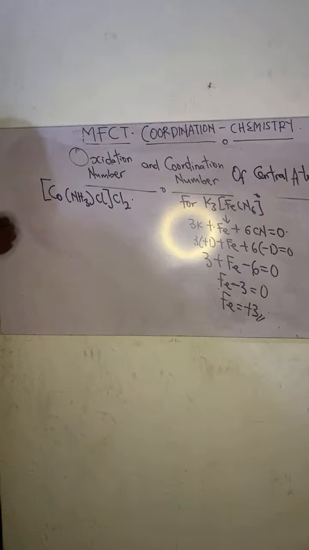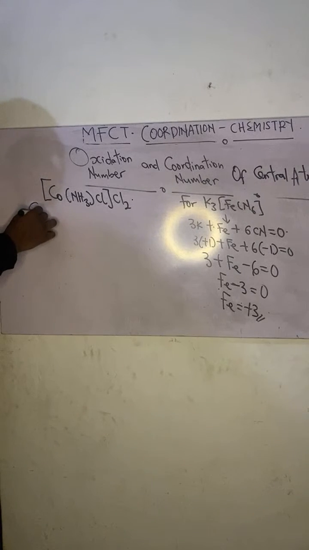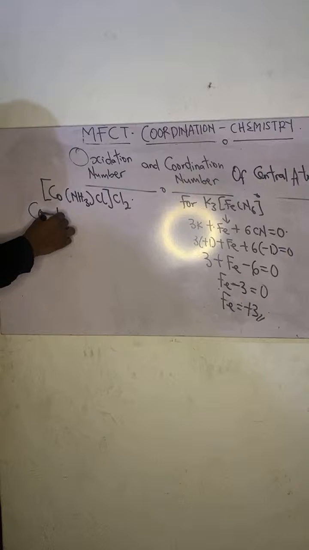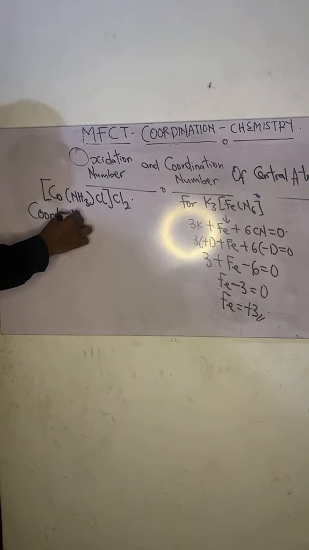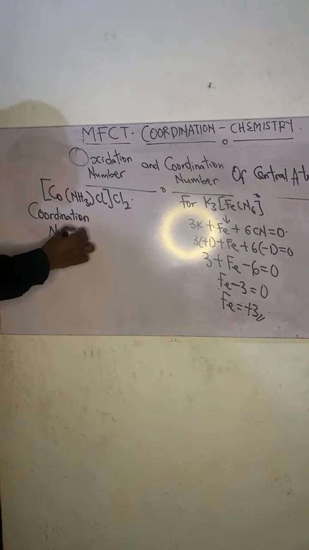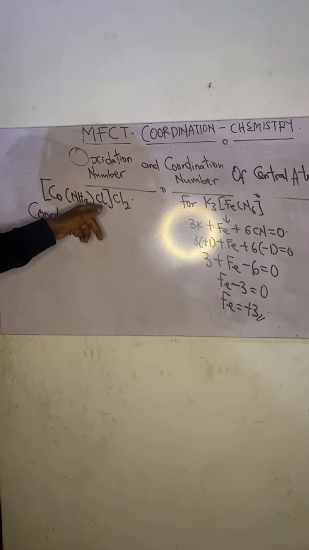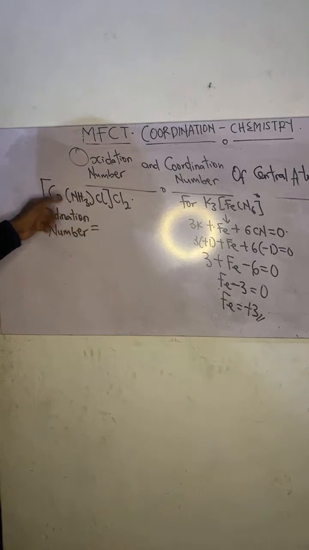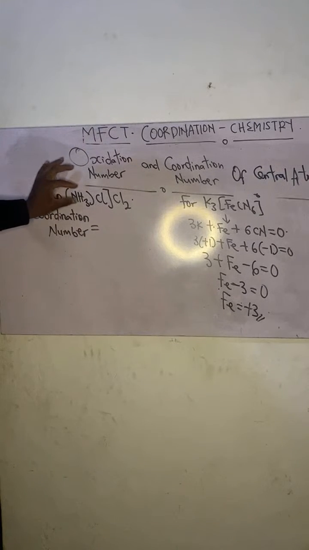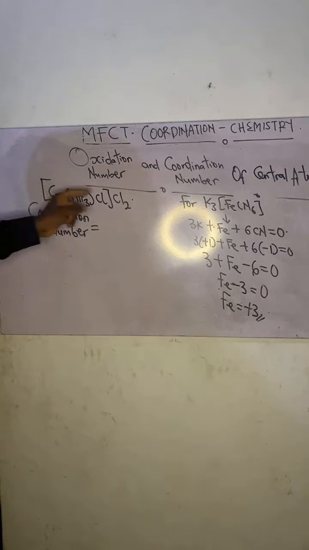If you want to know the coordination number, the coordination number would just be the number of ligands that are present in the square bracket. The first ligand here is NH3, the second ligand here is Cl.